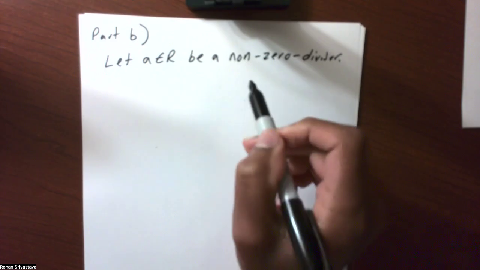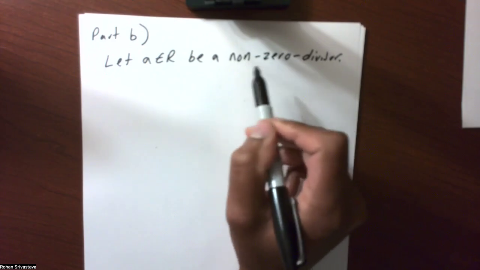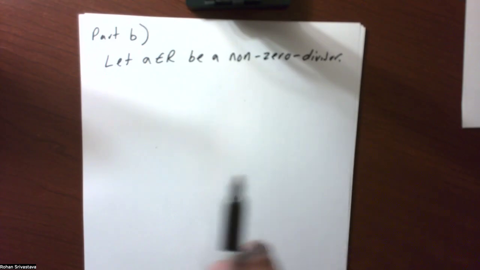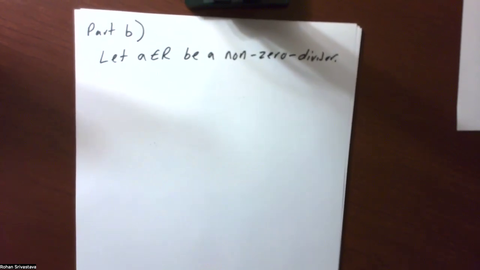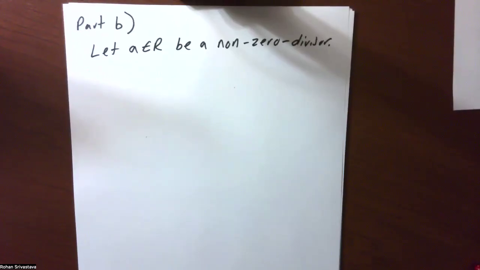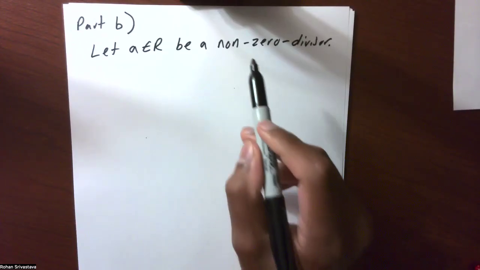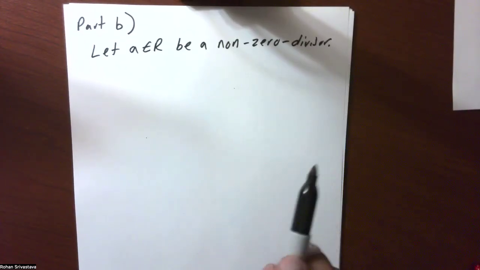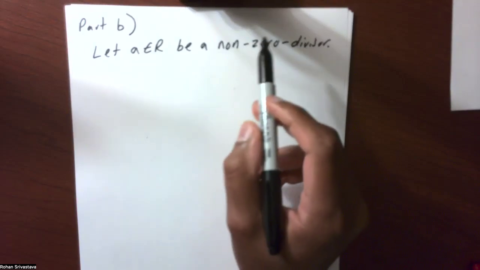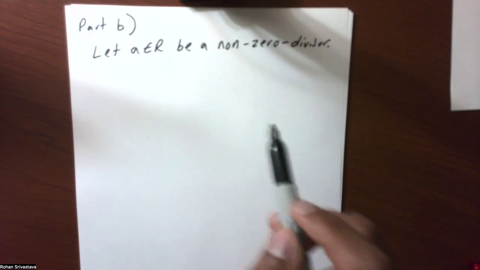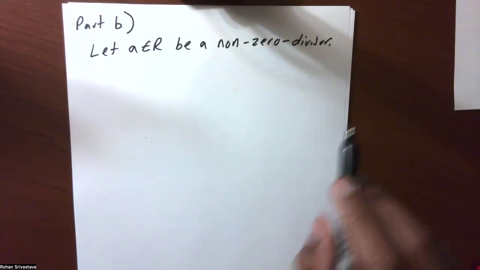This terminology with the dashes can be a little bit confusing because sometimes we talk about non-zero zero divisors, but here we just mean an element that is not a zero divisor. Don't get confused by that. I probably would prefer to say let a be an element that is not a zero divisor.